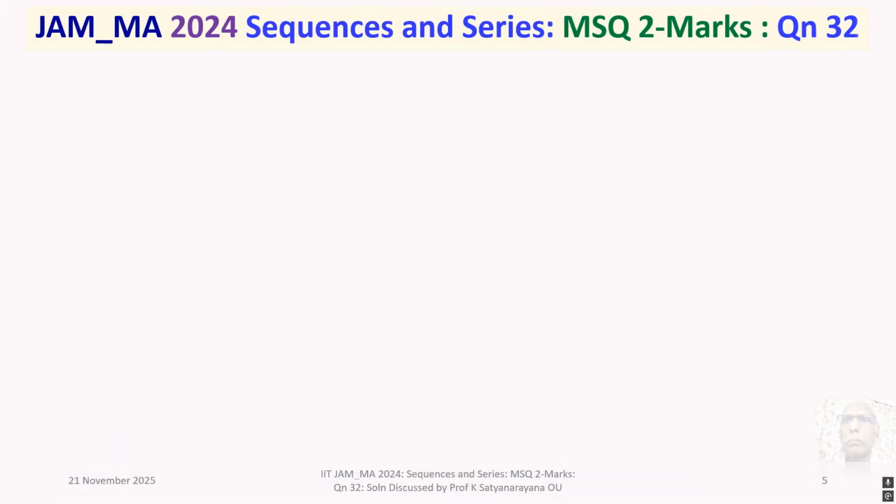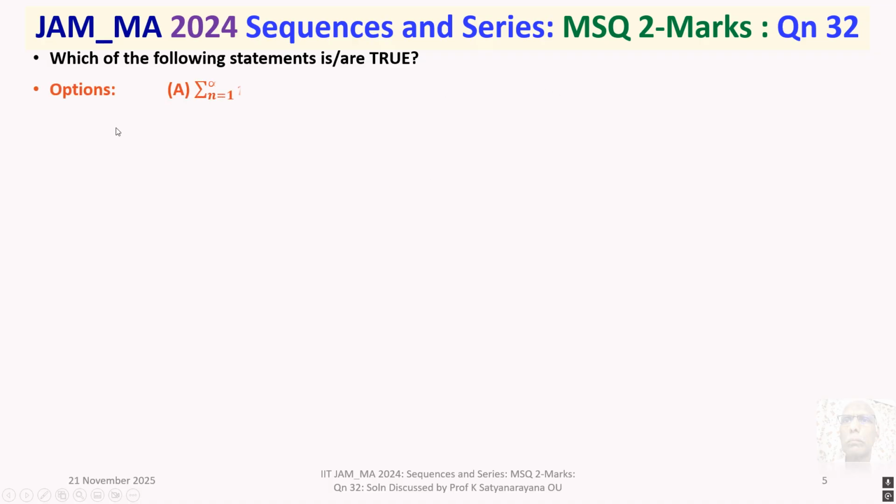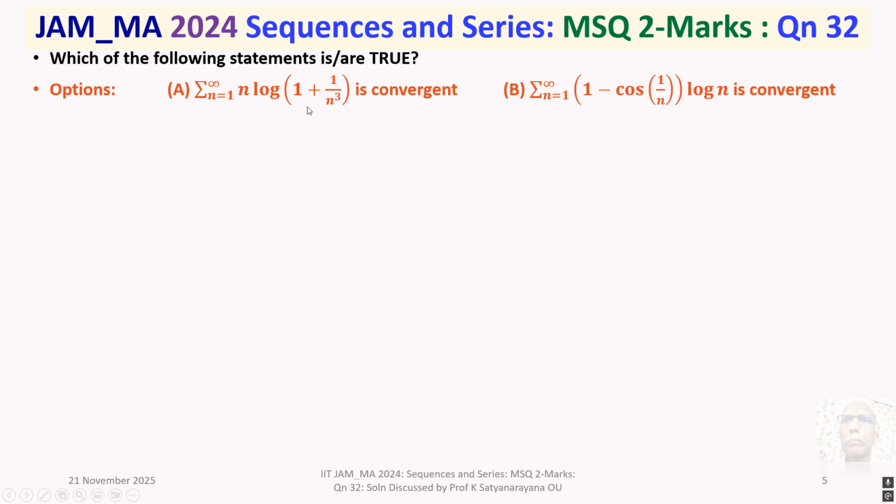The given question is, which of the following statements is or are true? We are given 4 options. Option A, sigma n equals 1 to infinity n times log of (1 plus 1 by n cube) is convergent. Option B, the series sigma (1 minus cos of 1 by n) times log n is convergent.